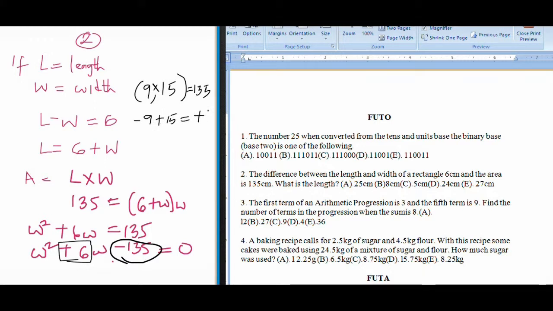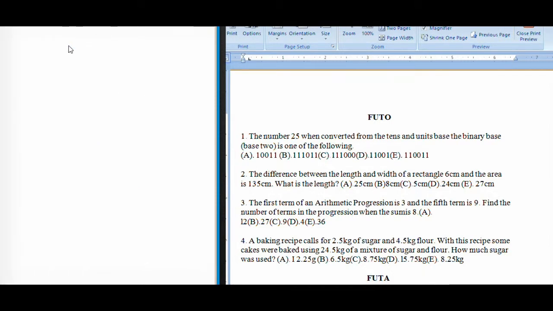Therefore, this quadratic equation can be factorized as W square minus 9W plus 15W minus 135 equals 0. Now, if you look at the first two terms there, W is common. We bring it out, then we have W minus 9.